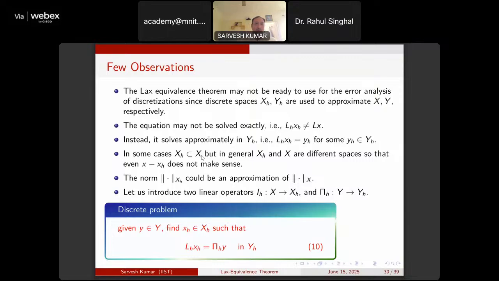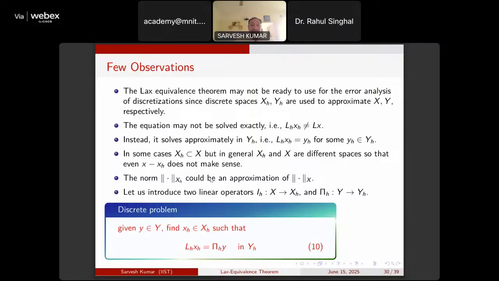If XH is a subspace of X, whatever we have done is perfectly all right. There are no issues. In finite element methods, there are several versions, depending on how you choose this finite dimensional space, whether it is a subspace of the bigger space or not. So we have the non-conforming finite element or discontinuous finite element, where XH is not a subspace of X. Then how do I deal with that?